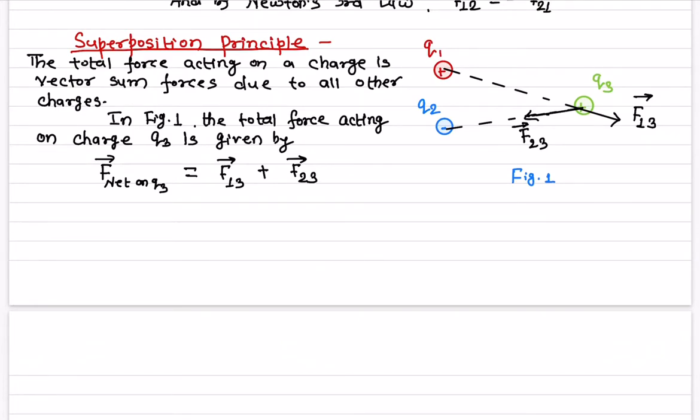The total force acting onto the charge Q3 due to charge Q1 and Q2 is the vector sum of all the forces. Look at this equation now. This is the net force onto the charge Q3, which is the vector sum of this force and this force, that is the force due to the charge Q1 and the force due to the charge Q2. So you have to add them vectorially.